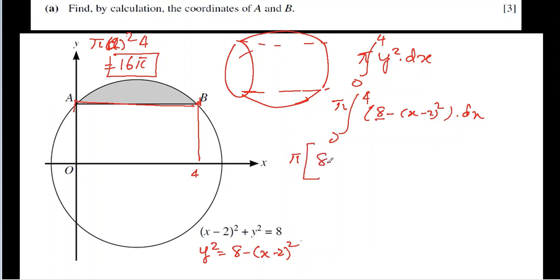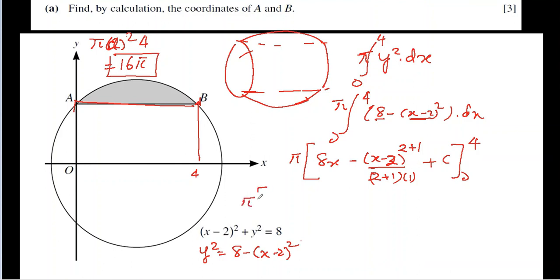Integration of 8 is 8x. Integration of (x - 2)², it's linear with an exponent on top, which is a very good situation for us. Just treat it like a normal variable and add 1 to the exponent, divide by the new exponent, and further divide by the differentiation of the contents of the bracket. x - 2 differentiation is just 1, so it doesn't make any difference, plus c, from 0 to 4.